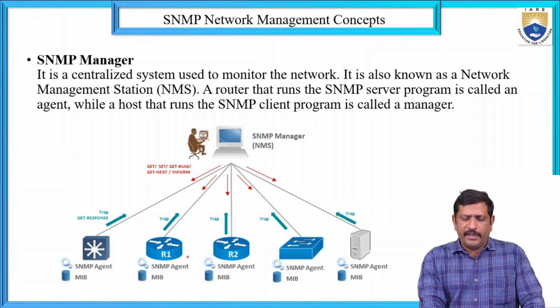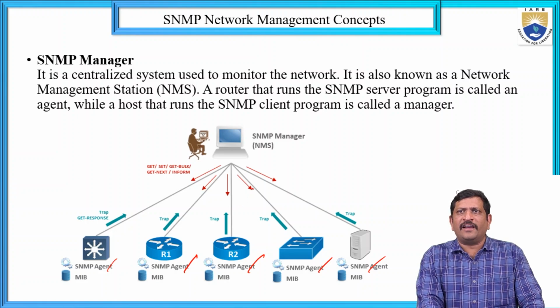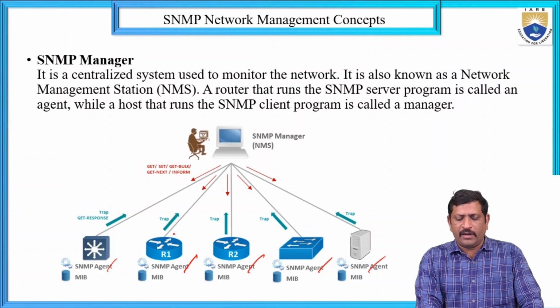Here are the SNMP agents and MIB. Here a router can run the SNMP server. So router 1, router 2 and router 3 are running the SNMP server, so the server can be maintained.